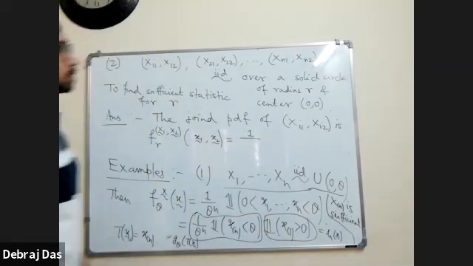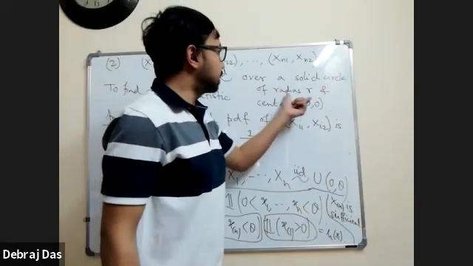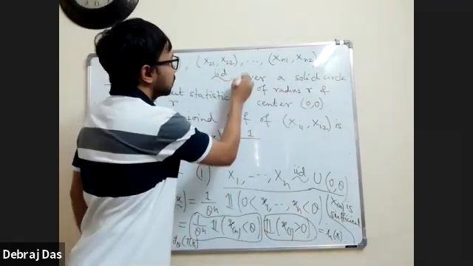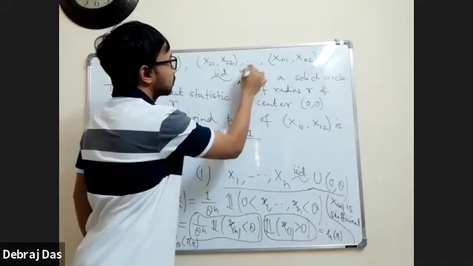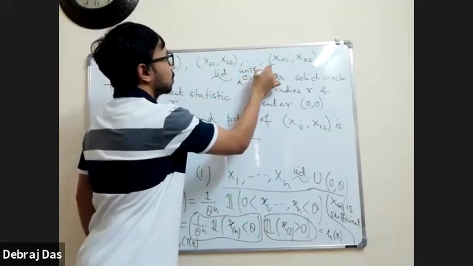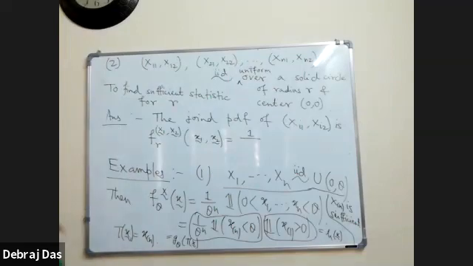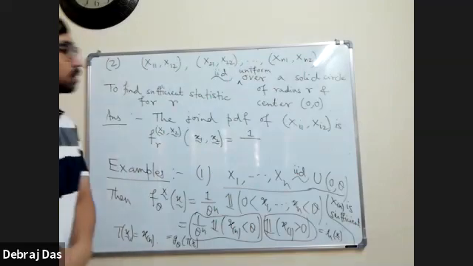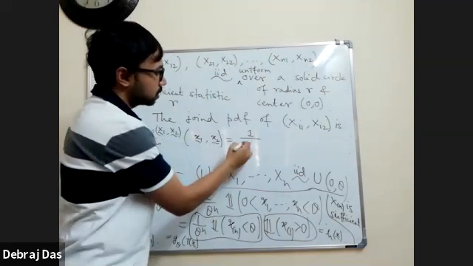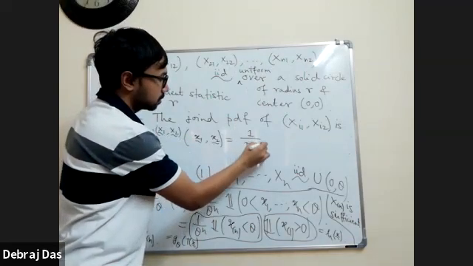It's uniform over a solid circle of radius r. If it is uniform, then again you need to consider the area, nothing else, right?